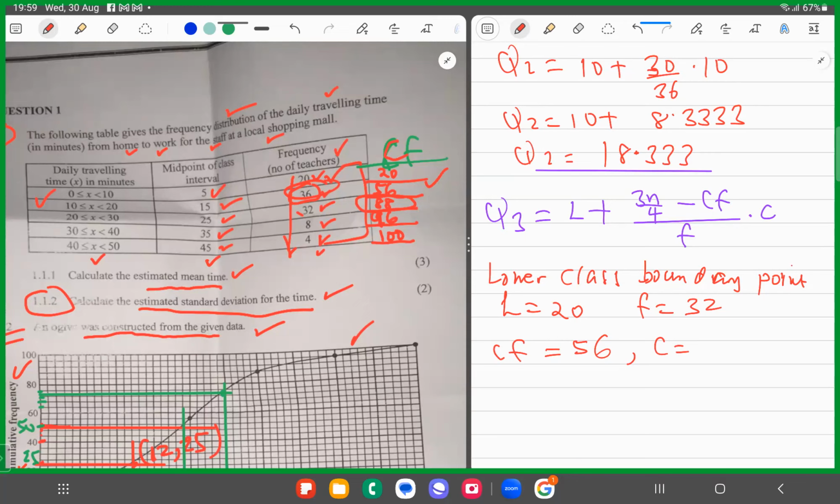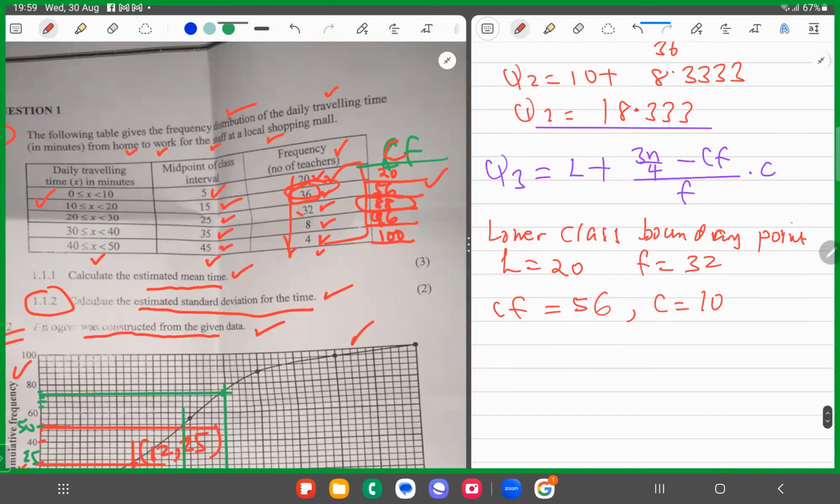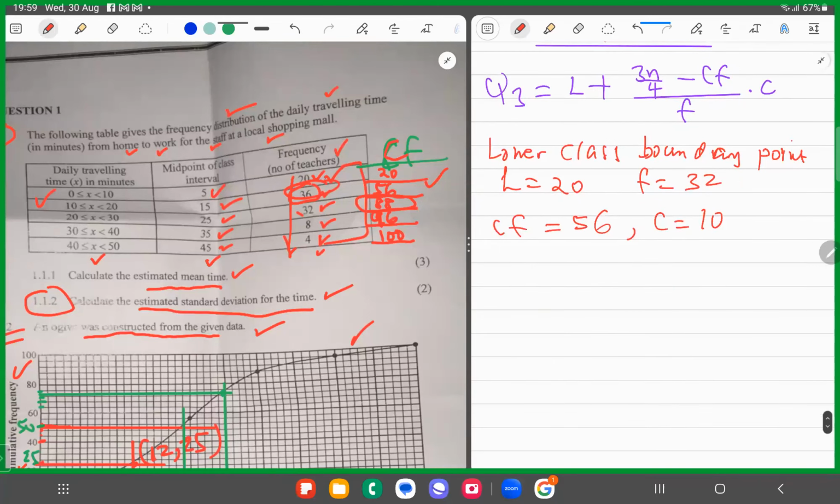So that one is exactly your class width, 10, your class. So which means Q3, so L is going to be 20 plus 3 over 4 N, N is going to be what? 100. CF 56.